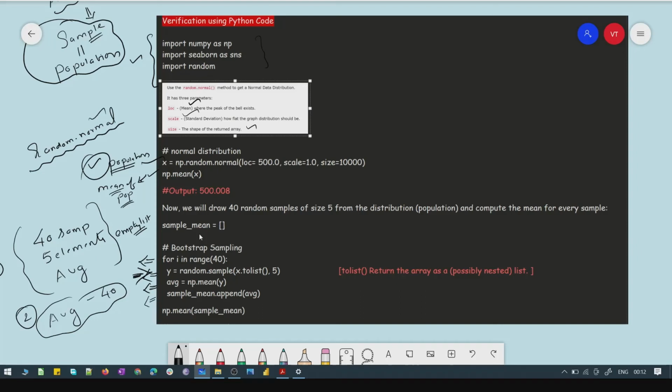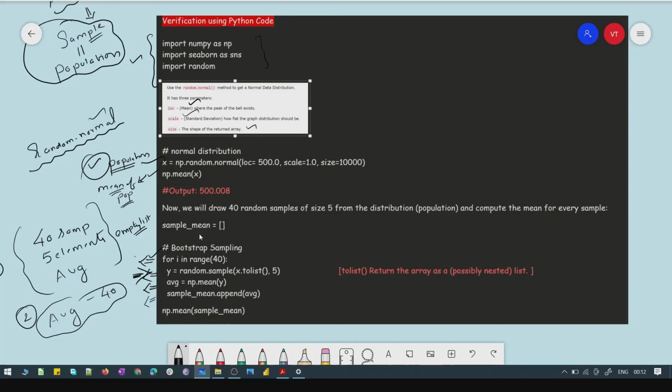It's very simple. The first thing is the libraries, which we know. After that, I form a normal distribution. I specify the mean, the standard deviation, and the number of elements which go into it. I find the mean of the population, and then I do the actual process, wherein I need 40 samples to be taken. That's what this line of code is doing.